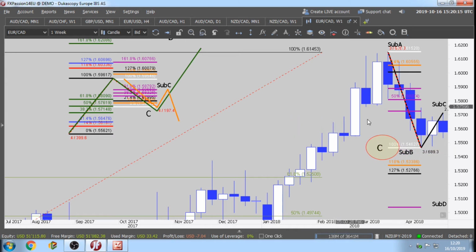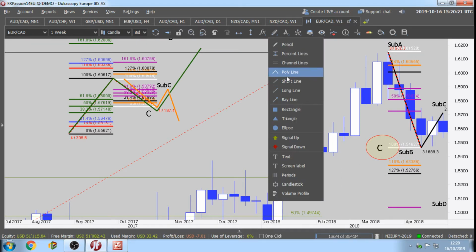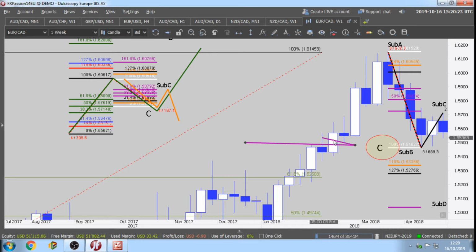Now, I want to trade my contrarian Fibonacci, and I want to find the C. So, question, did I find the C? If this is the real-time chart, did I find the C? Is this my C, everybody?